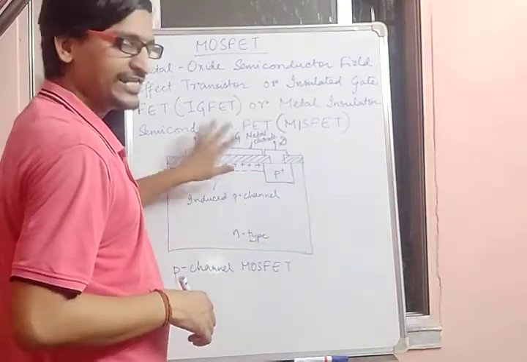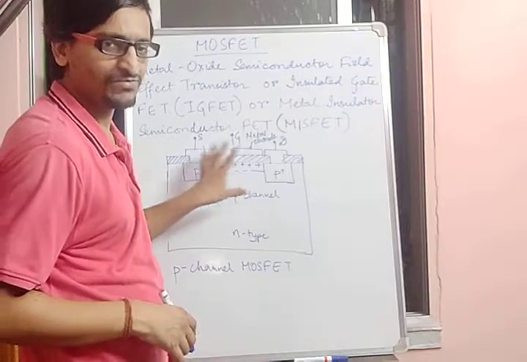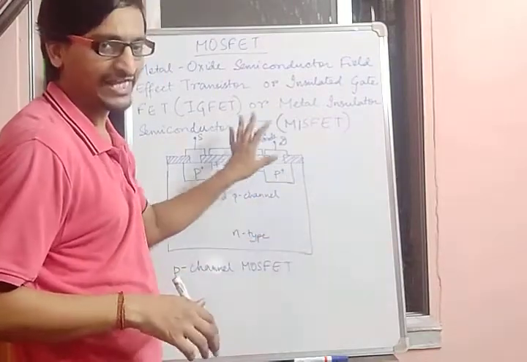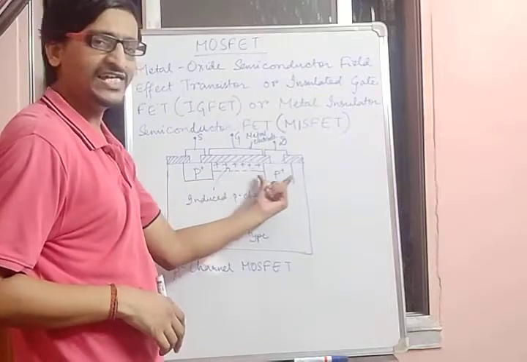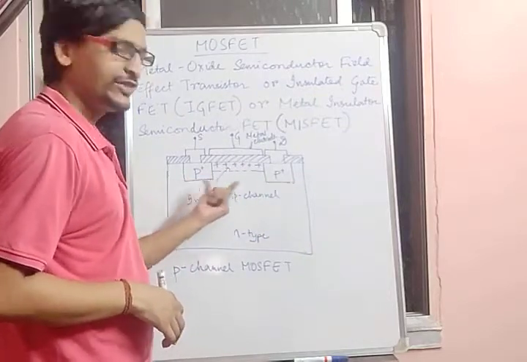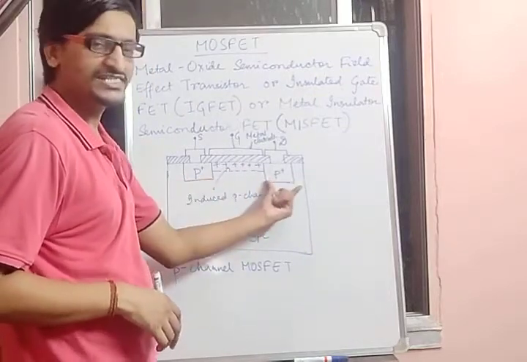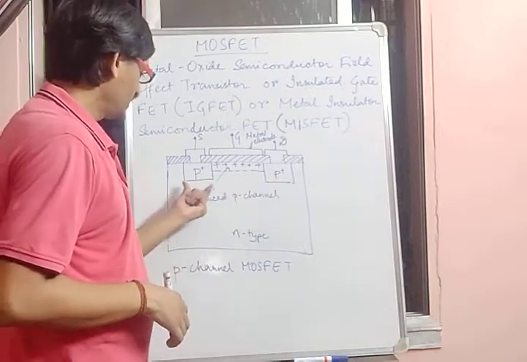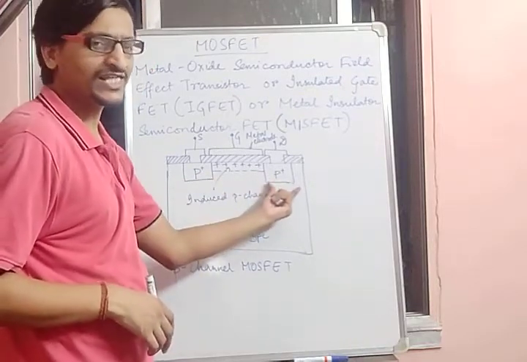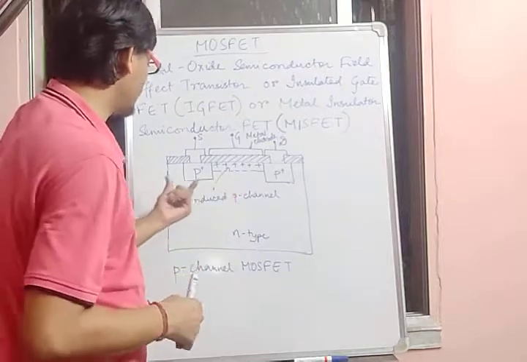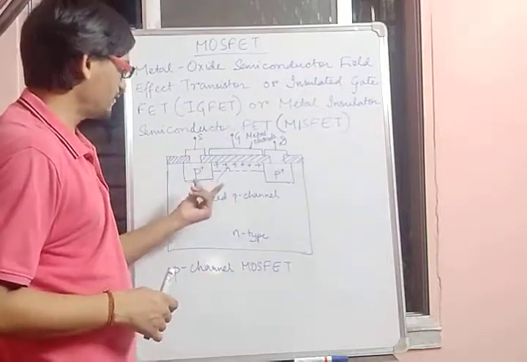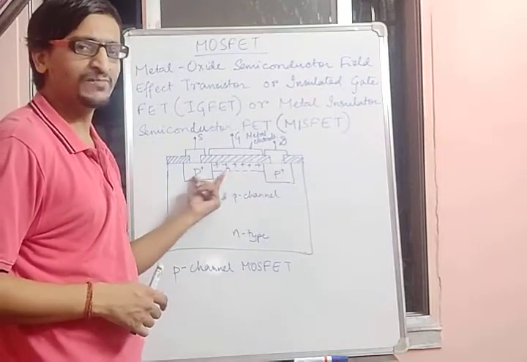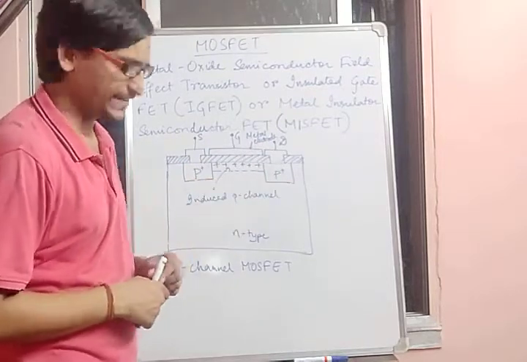It's a lightly doped N-type semiconductor in which two highly doped P plus regions are injected. Two highly doped P plus regions are injected or diffused, whatever it can be said. So it basically consists of a lightly doped N-type substrate in which two highly doped P plus regions are injected.